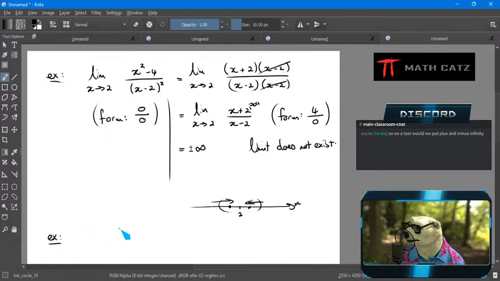Let's see something else. So on a test, would we put plus and minus infinity? For this kind of question, I'm going to accept any sort of infinity here. I don't really care. It's a question of general size behavior, to be honest. Later on, when we want to graph this function, one of the questions will be, what happens at 2?